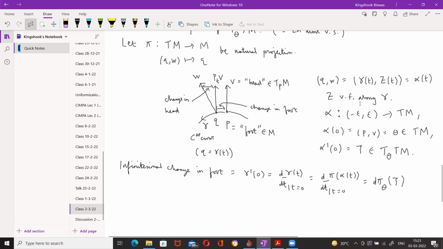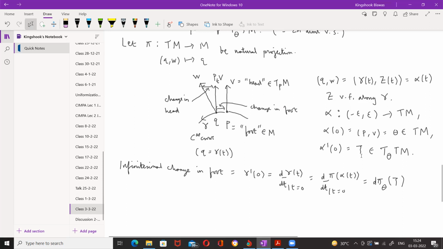Okay. And so we want to understand this tangent vector alpha prime 0. So by definition, if I call this xi, this is an element of T_theta TM, right? The tangent space to TM at the point theta. Now what I'm trying to do is break this up.